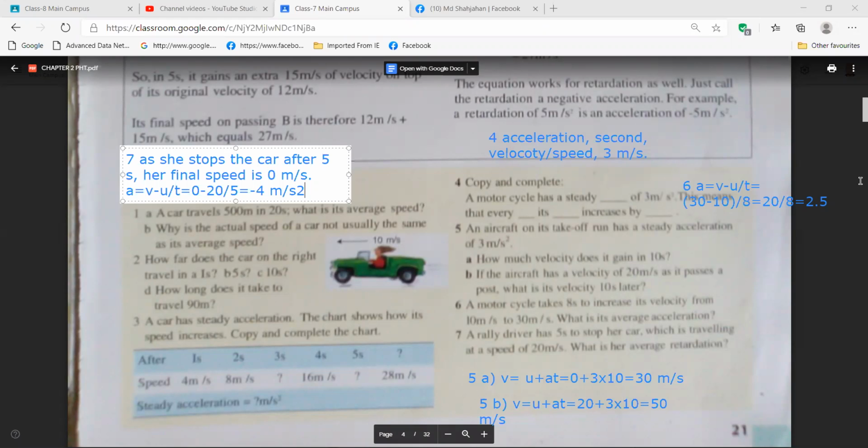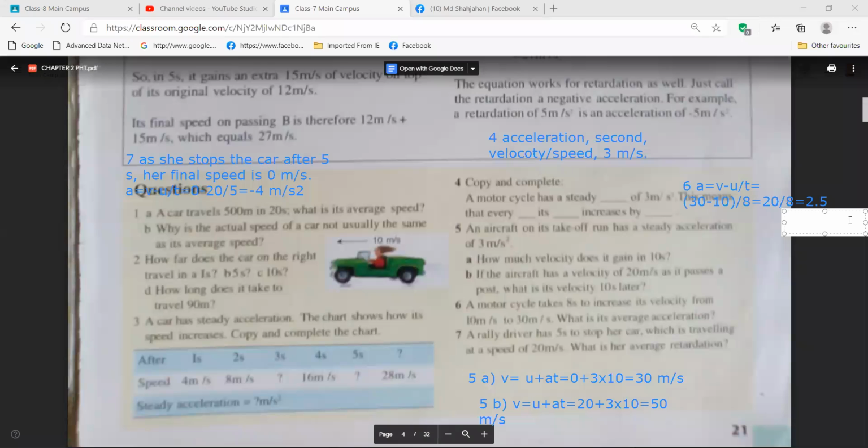At the last, you write the unit here: meter per second square. 2.5 meter per second square, because it is acceleration.